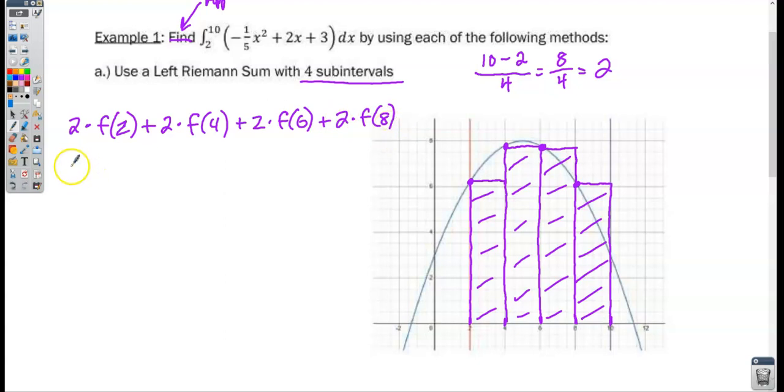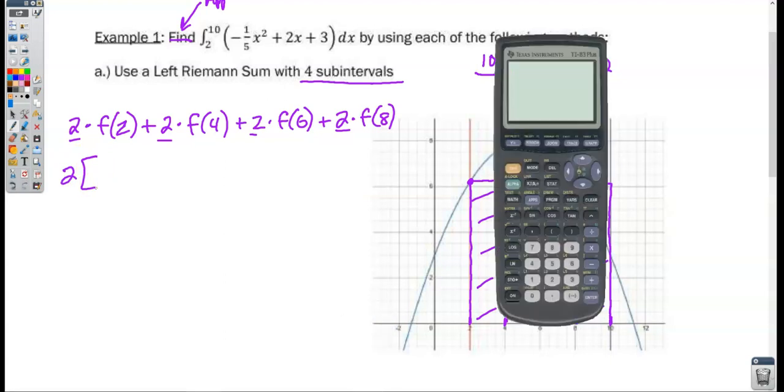And so what I can do is factor the 2 out of all of this here, since I have uniform width rectangles. And then I just need the values of the function for these different x values.